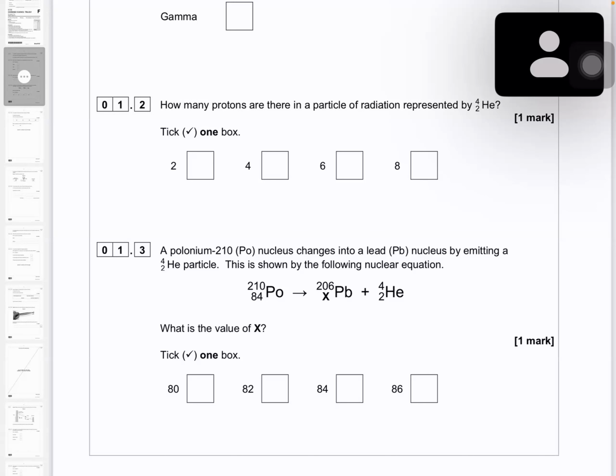Okay, so what do you think is the value of X? 82. I didn't hear you. Your voice sounds a bit muffled. 82. Okay, that's correct. Because 82, by the time you add 2 back to it, you would get 84, which is what you have on the left-hand side, correct? Okay, so we can move on now.